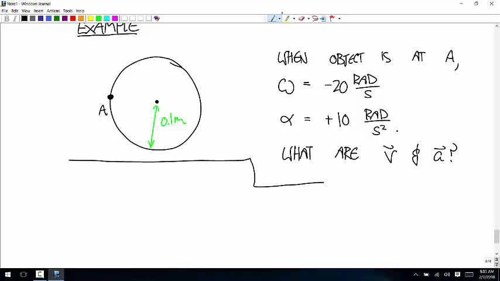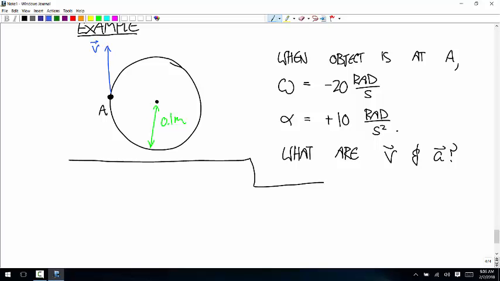Well, first let's figure out the directions of all these different things. If the angular velocity is negative 20, is that object going clockwise or counterclockwise around the circle? Clockwise, so the velocity vector is that way, up. Is it speeding up or slowing down?